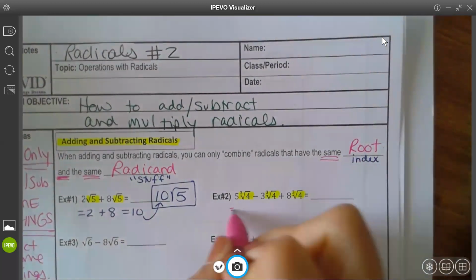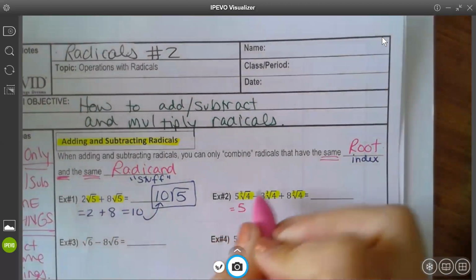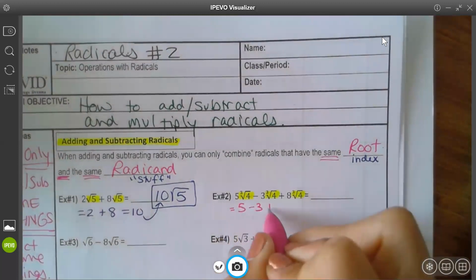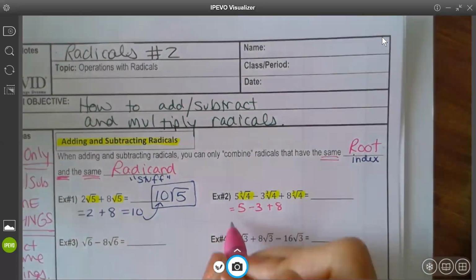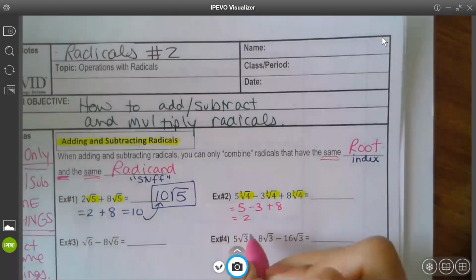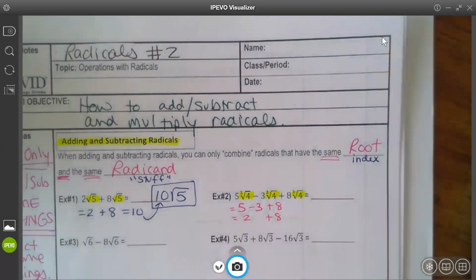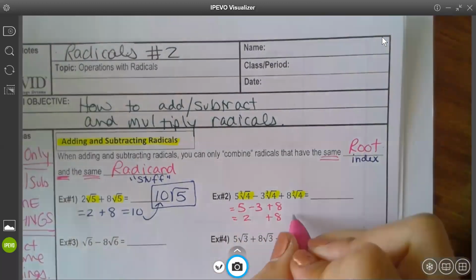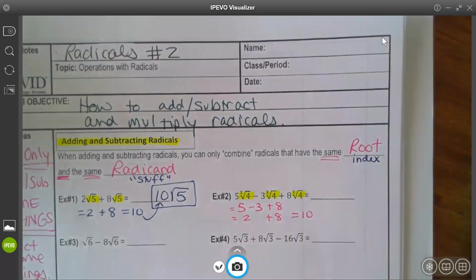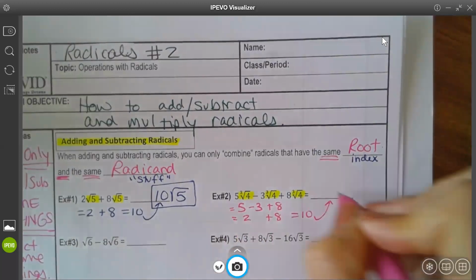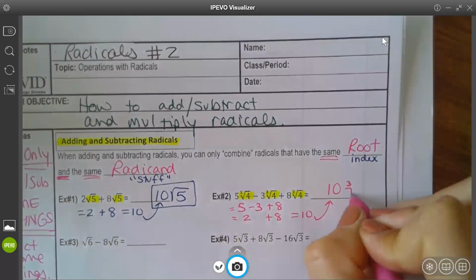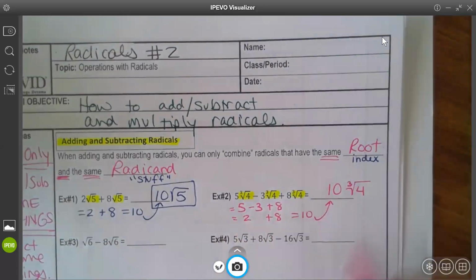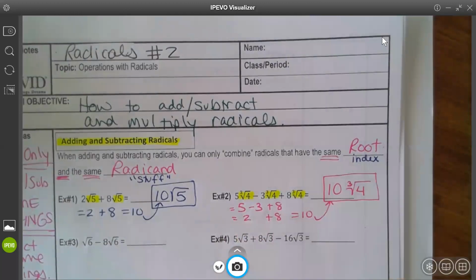So I am going to take 5 and subtract 3 and then add 8 more. 5 minus 3 is 2 plus 8 more. That means that we're going to have 10 of those things. What are the things? Cube roots of 4. The final answer, 10 cube roots of 4.